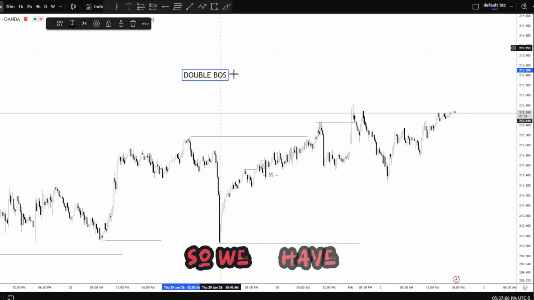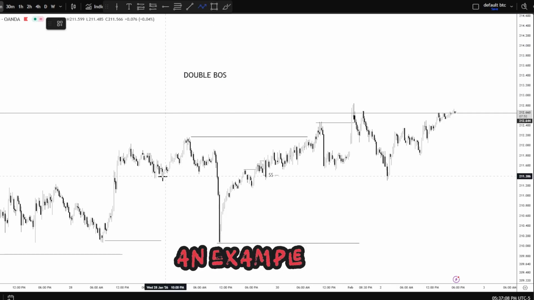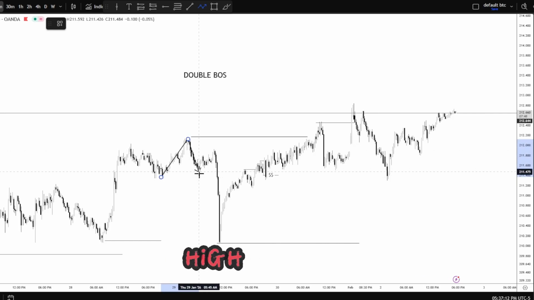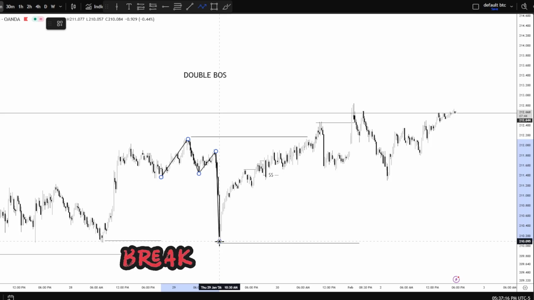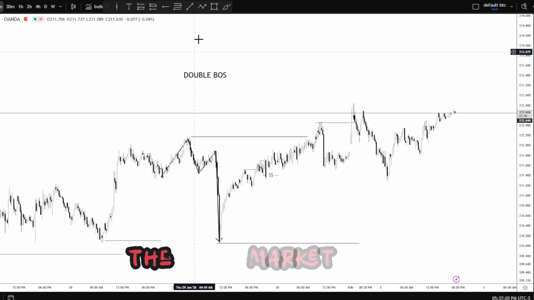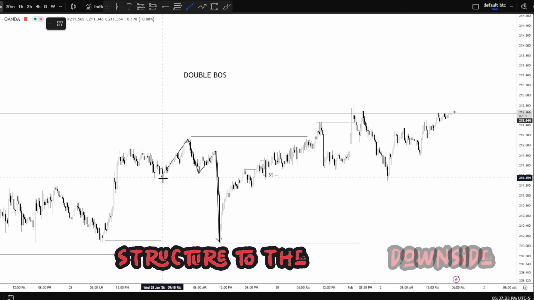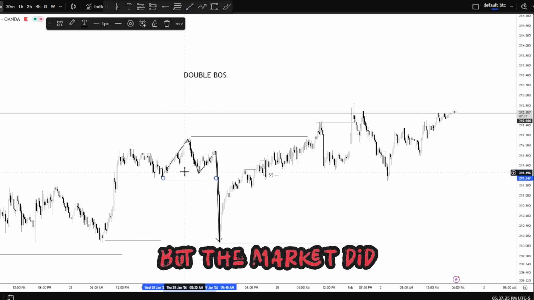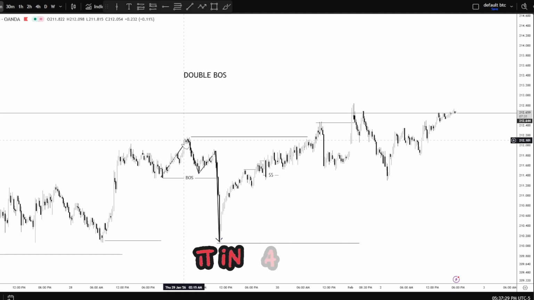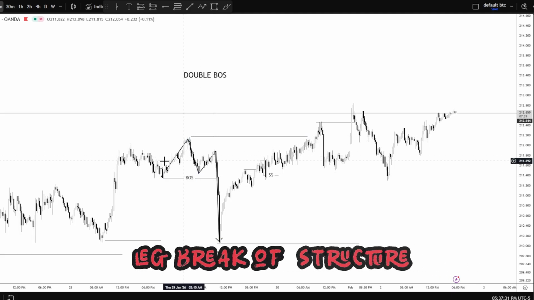So we have an example of a selling break of structure right here. We have this low high pullback, and the market actually breaks structure like this. So you see, this is like the M pattern kind of stuff. The market was trying to break structure to the downside, but the market did not do it in one go. The market actually did it in a double leg break of structure pattern.